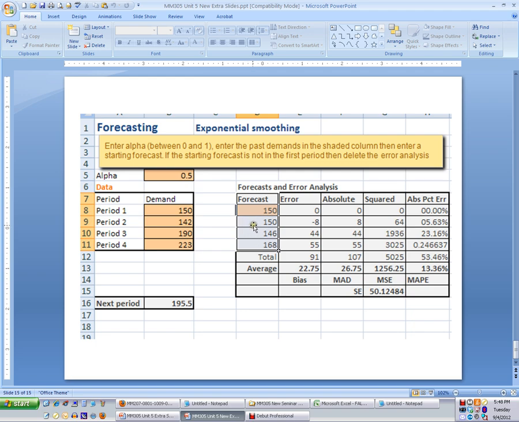So you have forecasts for period 2, period 3, period 4, as well as the next period. Once again, you're given the mean absolute deviation for this particular example. And that is how we use exponential smoothing.